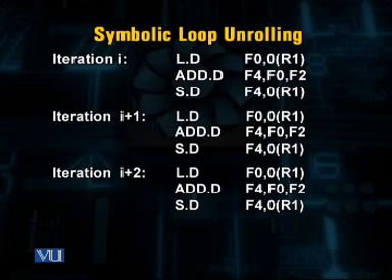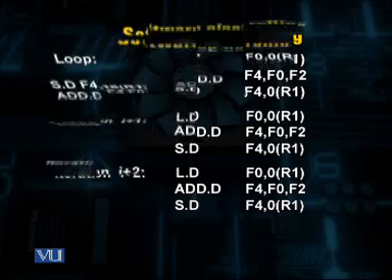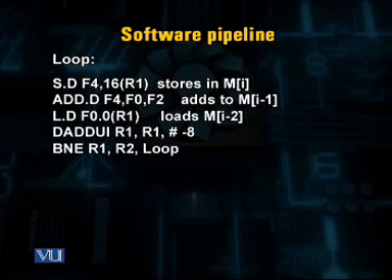That is, from the first iteration, the store instruction is selected. From the second iteration, the add instruction is selected. And from the third iteration, the load instruction is selected. The selected instructions from different iterations are put together in a loop with the loop control instructions as shown in this sample sequence.